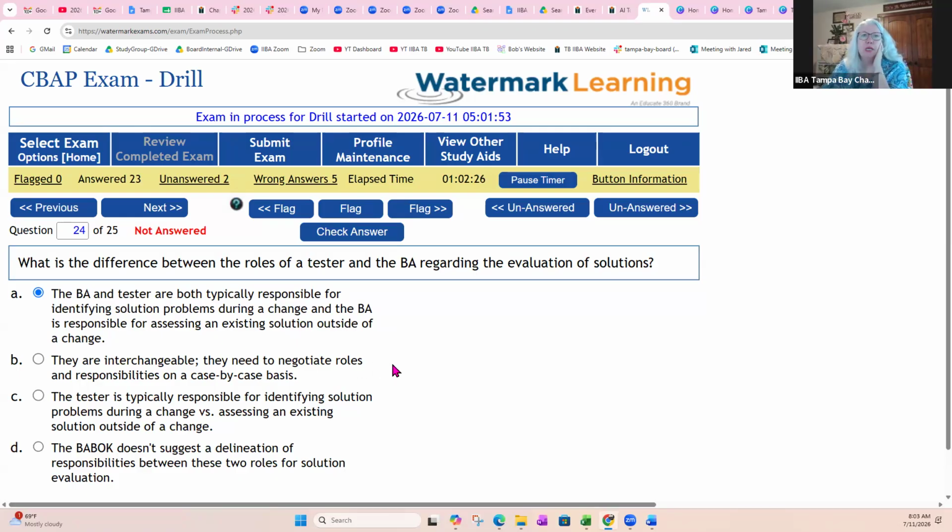B: They are interchangeable. They need to negotiate roles and responsibilities on a case-by-case basis. C: The tester is typically responsible for identifying solution problems during the change and assessing an existing solution outside of a change. D: The BABOK doesn't suggest a delineation of responsibilities between the 2 roles for solution evaluation.